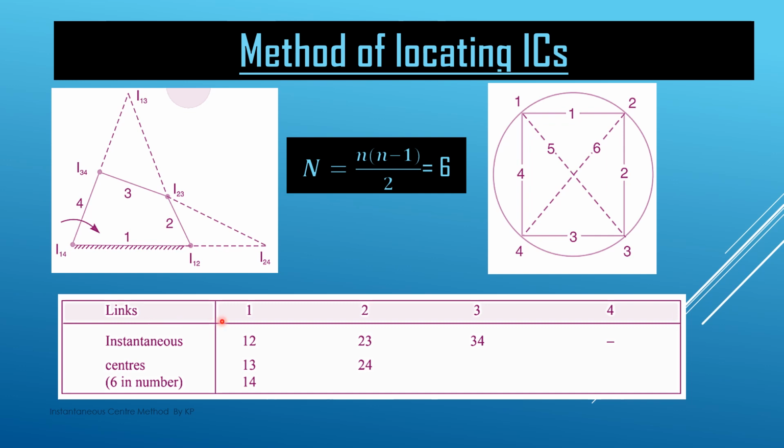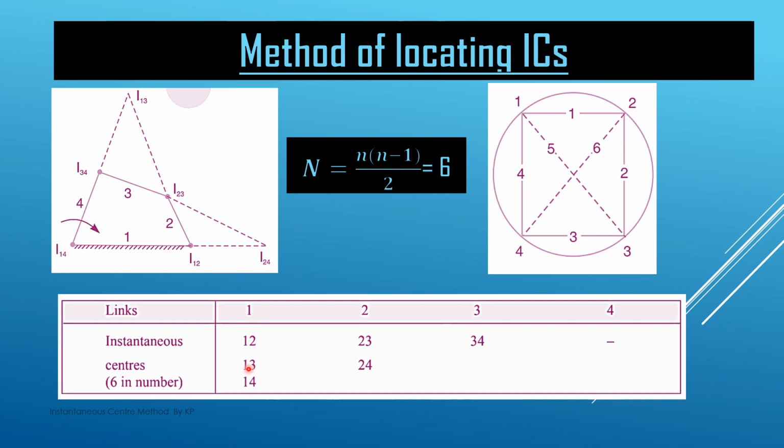The first rule is that there should not be any self combination, meaning we don't have I11. Links 1 and 2 have a pin connection, so there is a possible combination I12. Link 1 can also have a connection with 3, and with 4. So I12, I13, I14 we write down here.